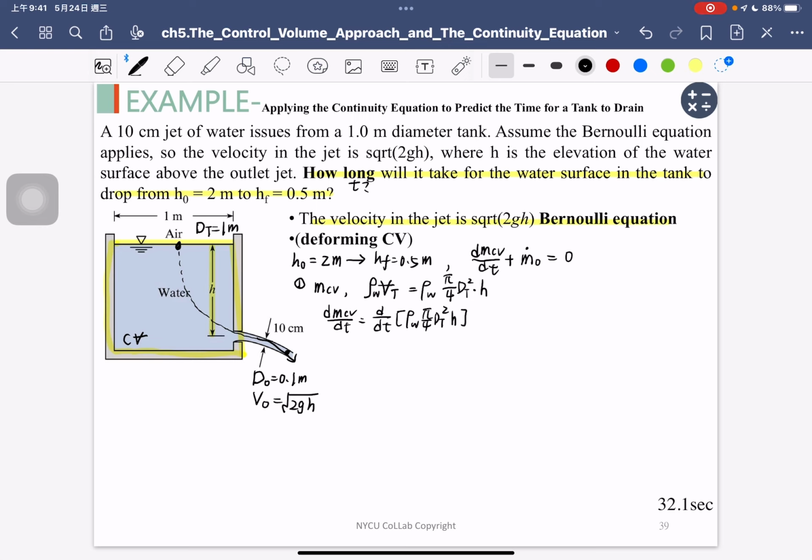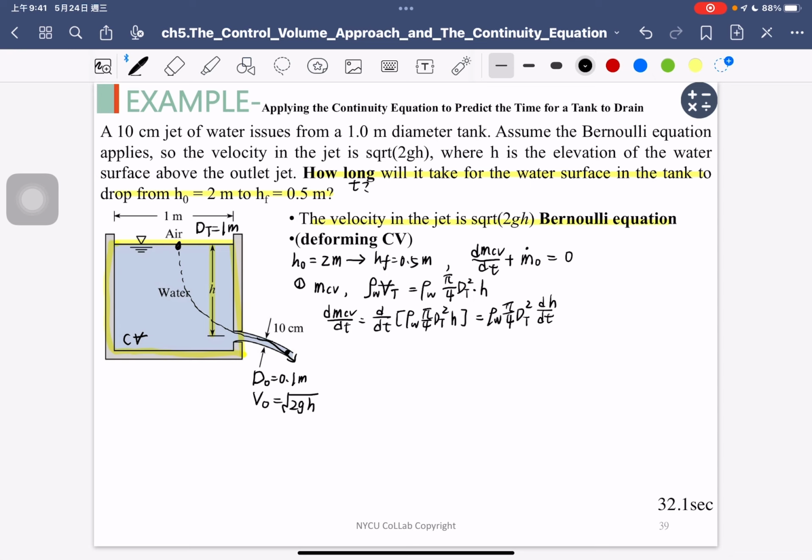You can check that the density is incompressible, so it's a constant, and the diameter of the tank is also a constant value. So we can put all the constant values outside the differential, and inside we only have dt and dh, right? Because it indicates the water depth changes with time.